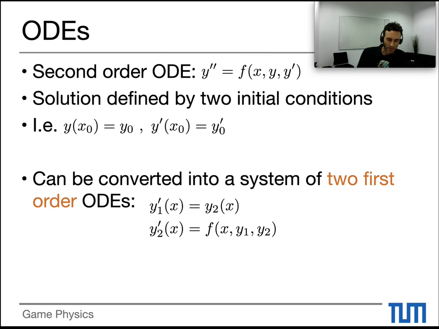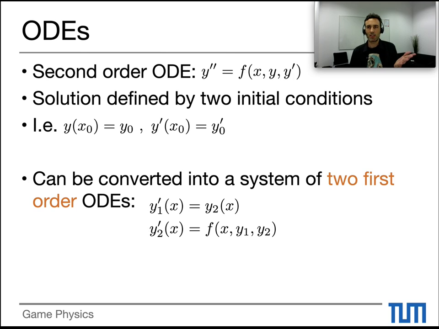In this case it's shown with a slight renaming. We have one first order equation for y1 dash, the derivative of y1 depending on y2, and then we compute the derivative of y2 by a function of y1 itself and y2.